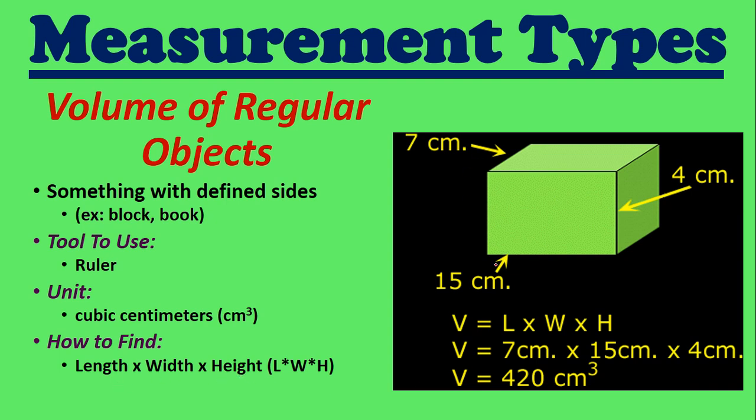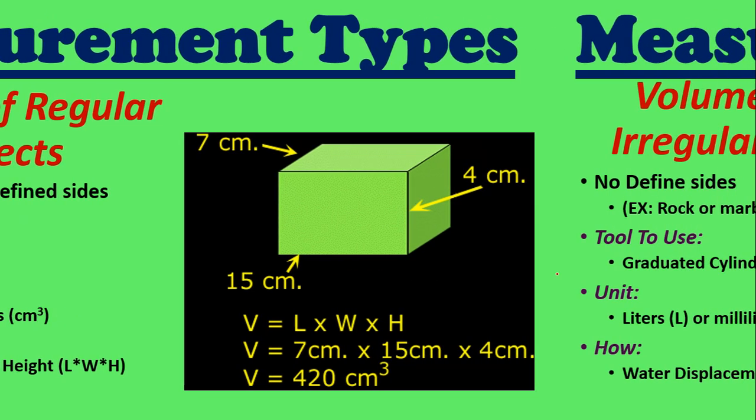You can see in the picture here, we have the length being 7 centimeters, the height being 4 centimeters, and the width being 15 centimeters. You do 7 times 15 times 4, and you get 420 cubic centimeters, or centimeters cubed. So that's how you would find the volume of a regular object.